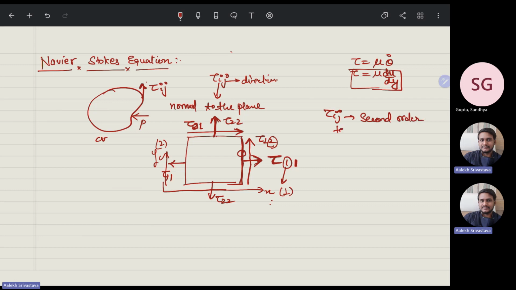Second order tensor. So we all know that scalar doesn't require any direction. Now vector requires one direction, so vector requires magnitude and direction. So in terms of tensor, scalar is zero order tensor.